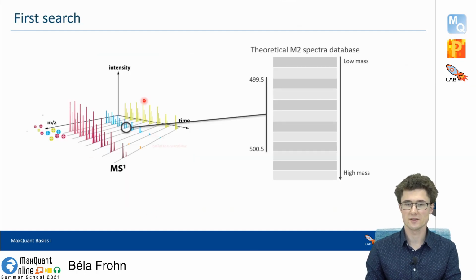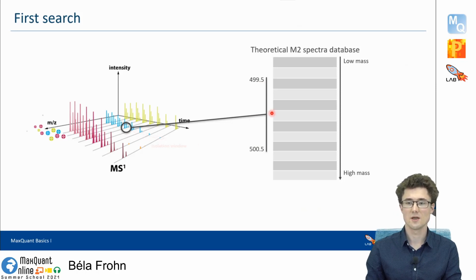So what we have here are our unlabeled features where we know that some of them belong together, and as previously mentioned, we have estimated masses and we have variances or standard deviations of these masses which we estimated. So for all these features, I take my estimated mass, and based on this mass, I look up in some kind of database which peptides might have given rise to this feature, to this spectrum.